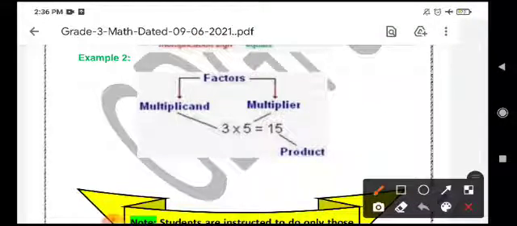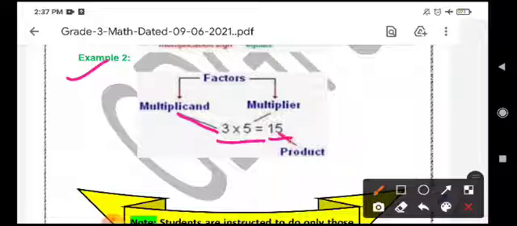This was the first example. Now, the second example is when you multiply 3 by 5, it gives you 15. In this example, 3 is what? Very good. You can see 3 is a factor, 5 is also a factor, and factors are also named as multiplier and multiplicand.